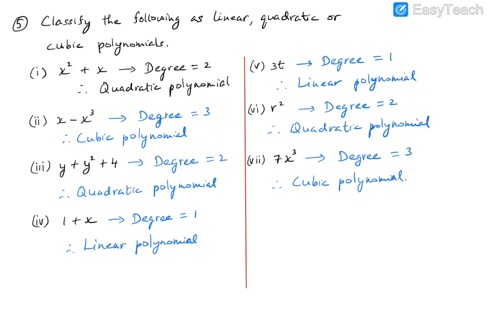Okay, so we have seen in the previous video some basic definitions and terminology related to polynomials, and in this video we have done an exercise with examples based on those definitions and terminology.